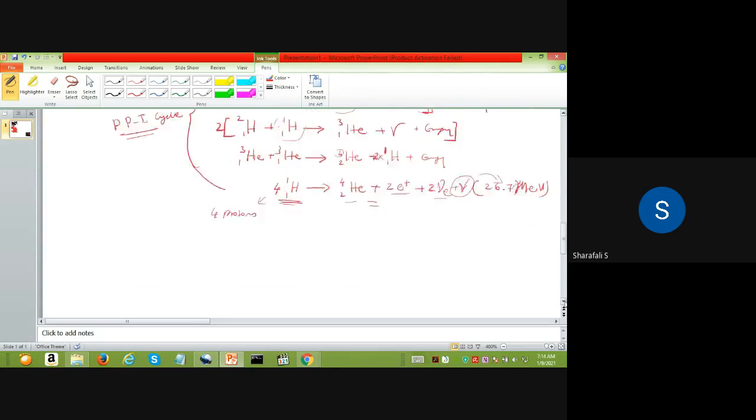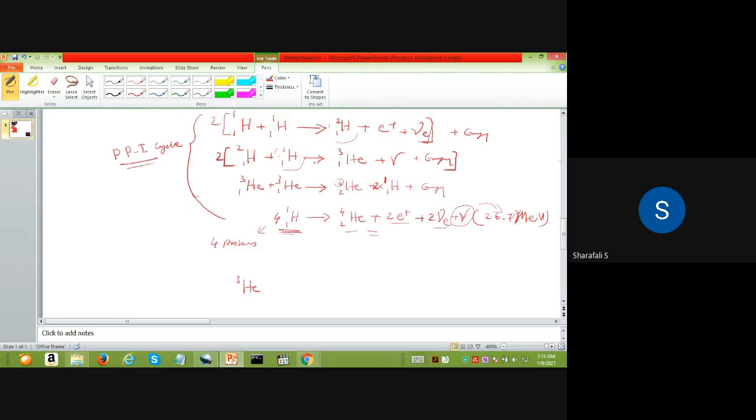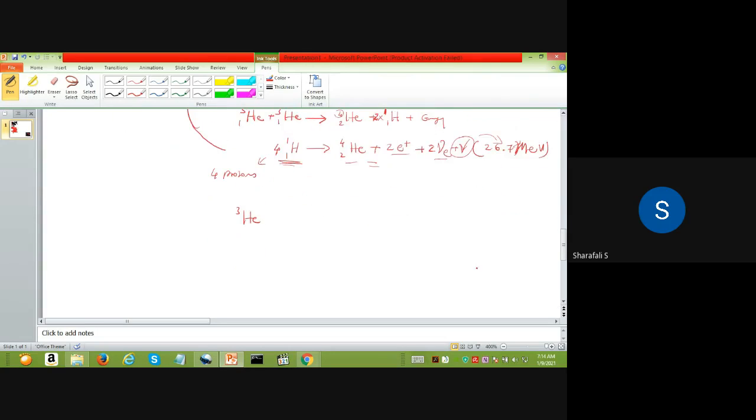And when you consider the next one, we will start from helium 3. In the PP1 cycle, we said that helium 3 combines to form helium 4. But it can also combine with helium 4. This is already there. So helium 3 is going to combine with helium 4.